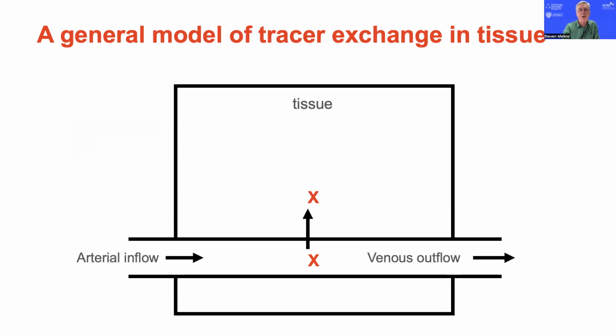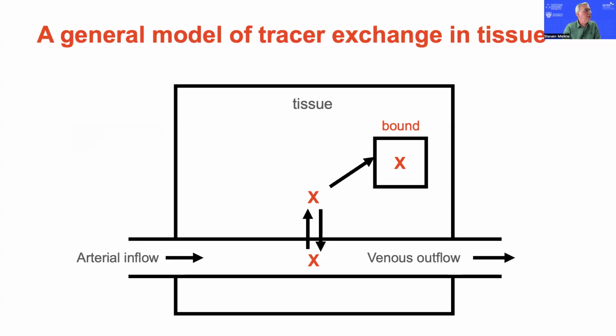That could be an active process or it could be a passive process. So that first part of this slide is to indicate the tracer crossing into the tissue space. And that's a reversible process. Most tracers can go into the tissue space and they can exit the tissue space back into the vascular compartment. Now, there's a number of different things that could happen to the tracer.